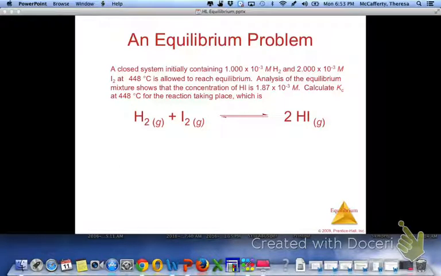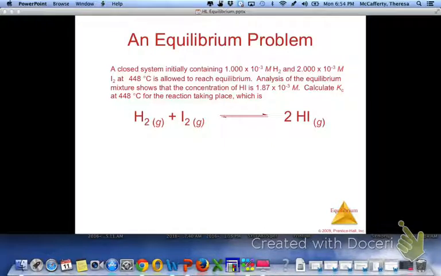All right, now we're going to get into a little bit more complex of a problem, just a little bit. So I've got hydrogen and iodine reacting to form hydroiodic acid.